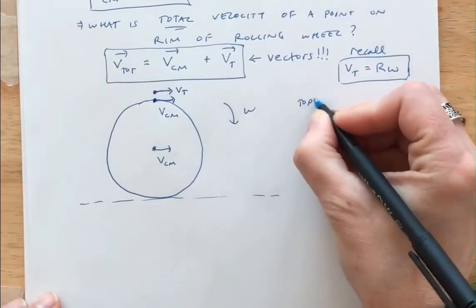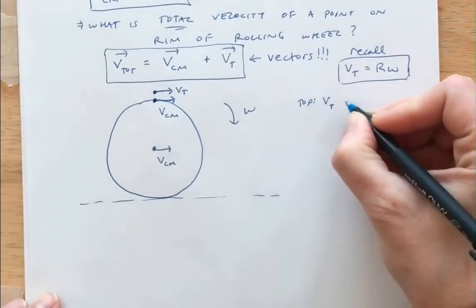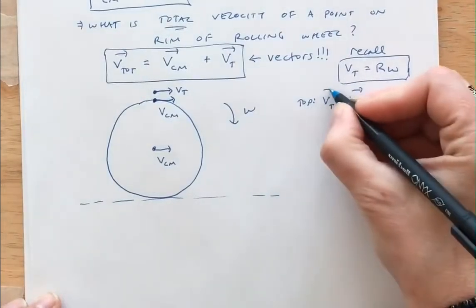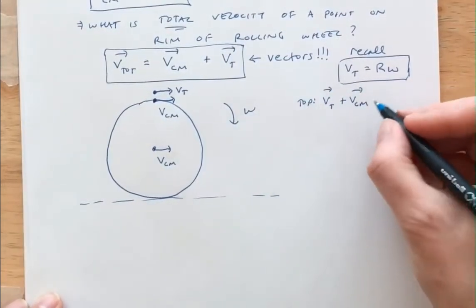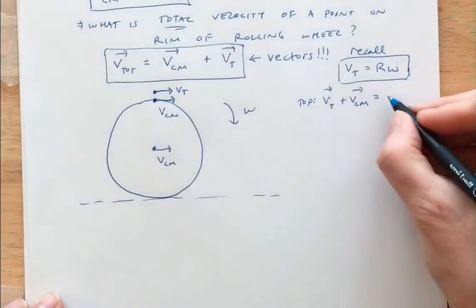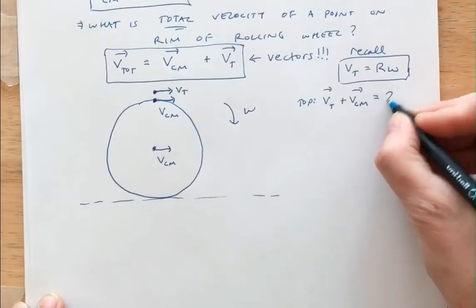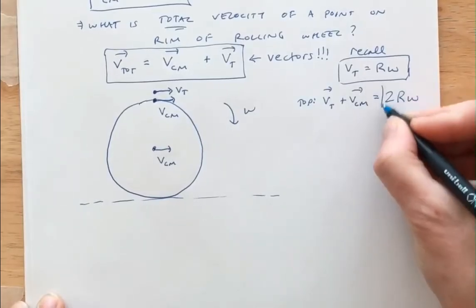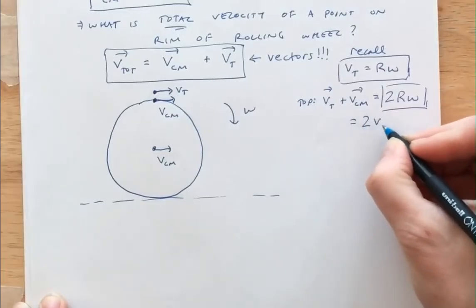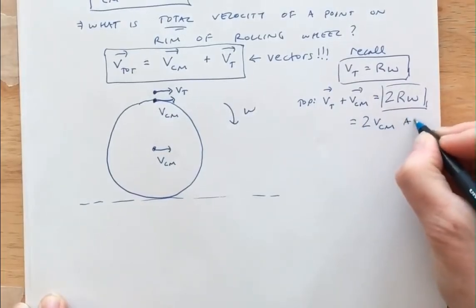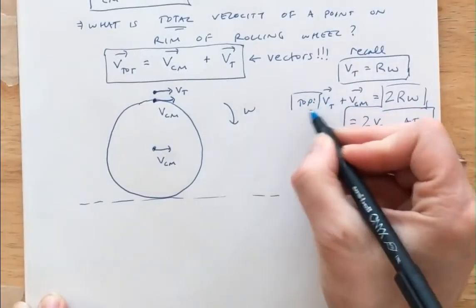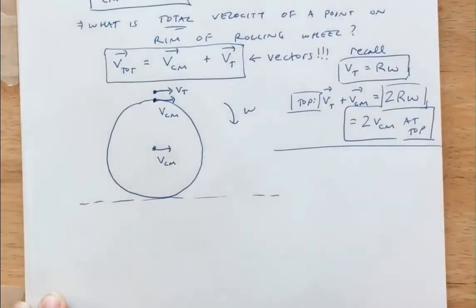So at the top, we see that v sub t plus v sub cm, the vectors, is simply going to be equal to r omega plus r omega, because those vectors add together, and we end up with 2r omega, which is equal to 2 times the velocity of the center of mass at the top. So that's going to be at the very top of the motion.